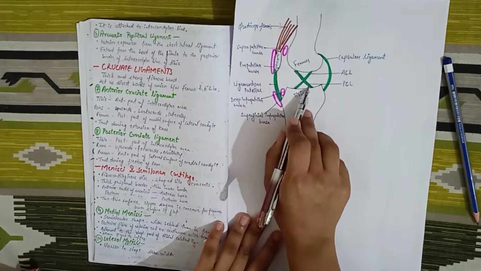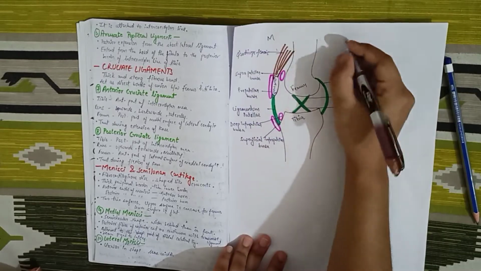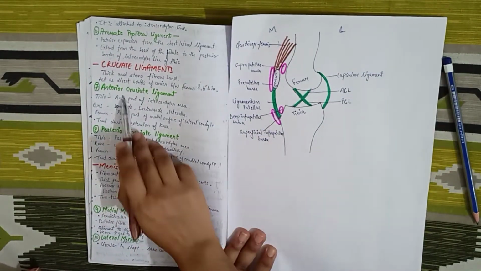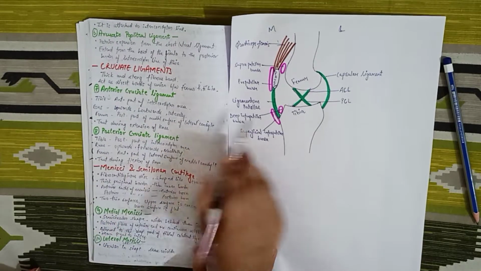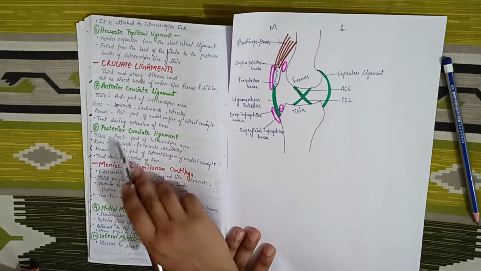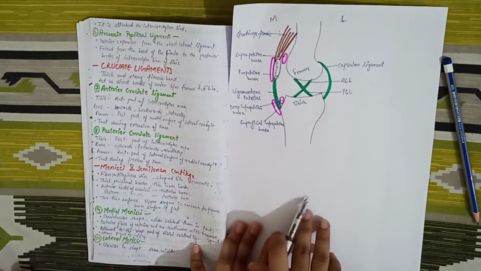It runs upward, forward and medially. This is the medial side and this is the lateral side. The anterior cruciate ligament is taut during extension of the knee, and the posterior cruciate ligament is taut during flexion of the knee.